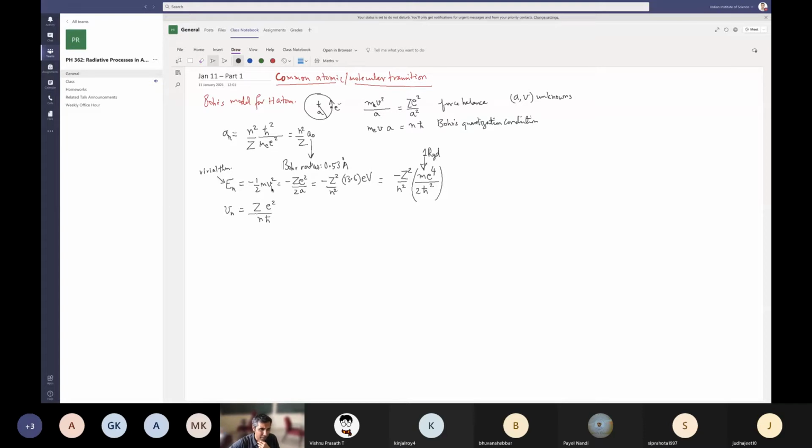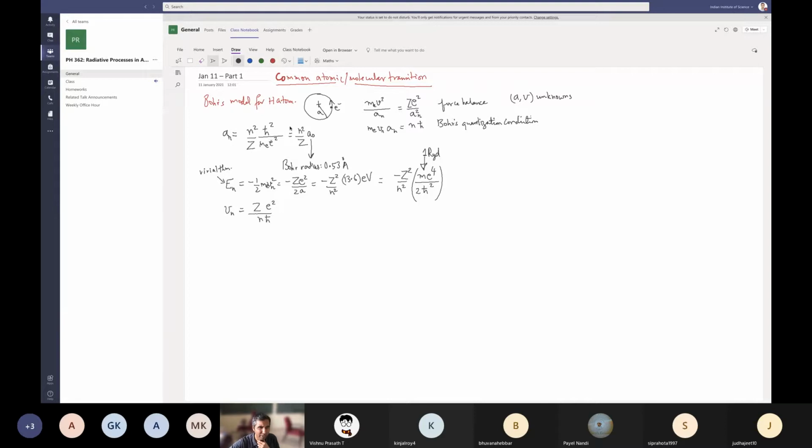So what is v_n? These are for a particular level n. Basically, if I put 1 by a here, which is n squared, right?